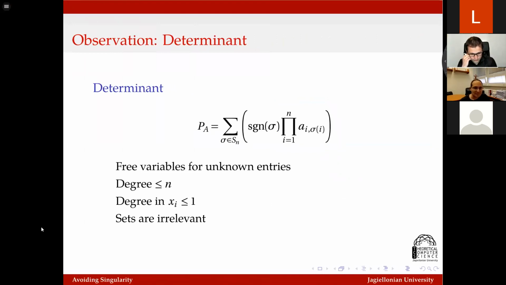And these observations allow us to conclude that, well, the sets are irrelevant. So it doesn't matter what sets we are choosing the values from, because if this polynomial is non-zero, then we have a non-singular choice of the values for the three entries, and the degree in each variable is at most 1.